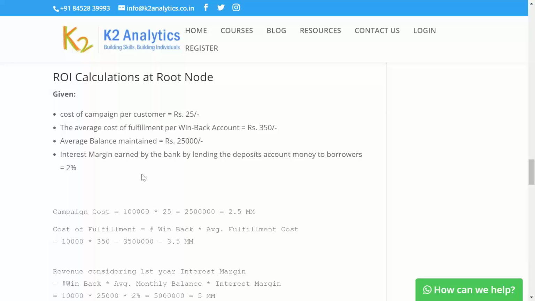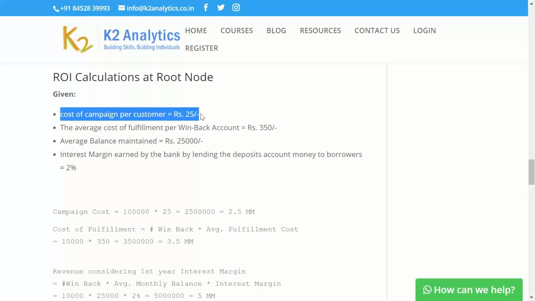The information which has been given to us is that cost of campaign per customer is rupees 25. If a customer converts, the customer says, I would like to activate given your offer. Some customers will say, I would like to activate, but I have lost my debit card. Kindly reissue a new debit card.